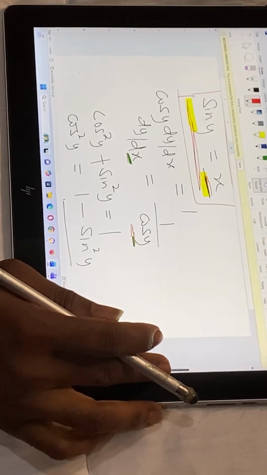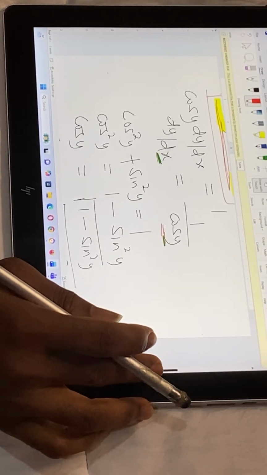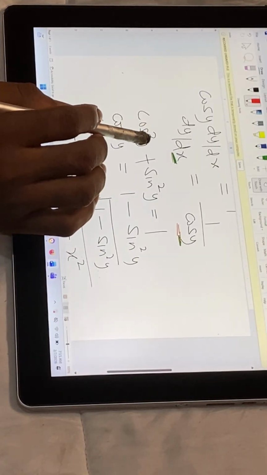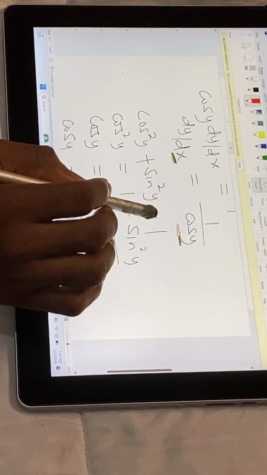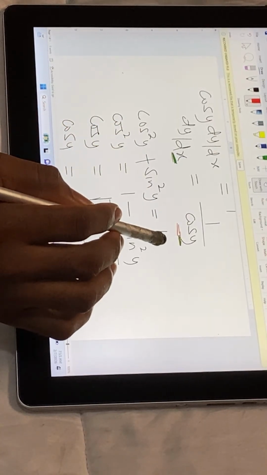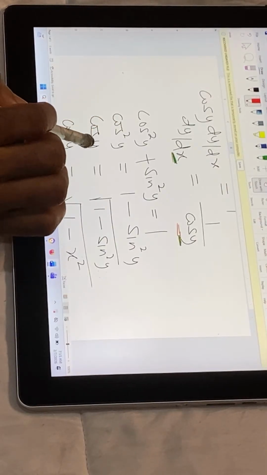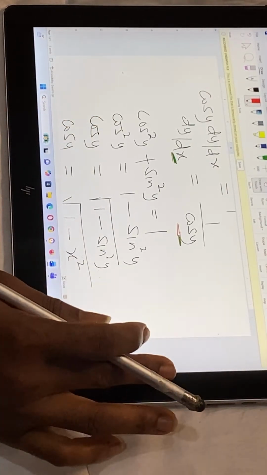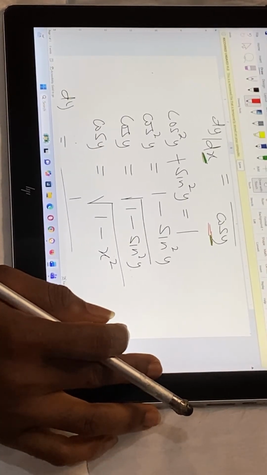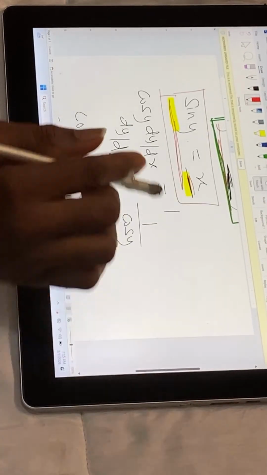So we recall from our trigonometric identity that cos square y plus sine square y is equal to 1. So making cos y the subject, we have this, but there is an expression that relates sine y with s, and that expression is this here.